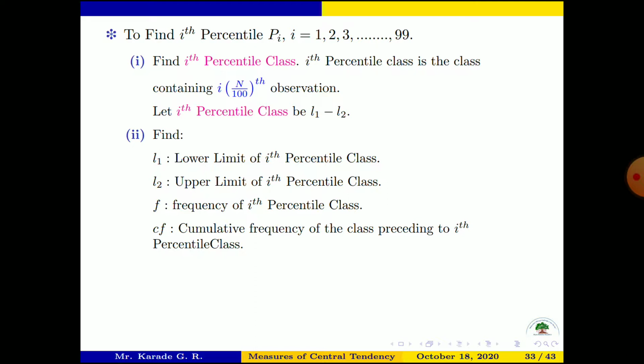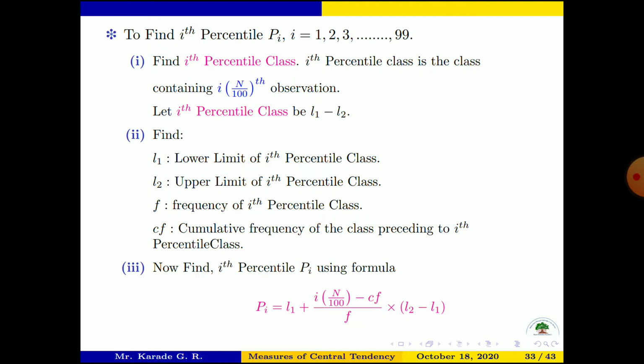All these things we have to find in the second step. In the third step, find the ith percentile Pi using the formula Pi is equal to L1 plus (i times n upon 100 minus CF) divided by F, into (L2 minus L1).